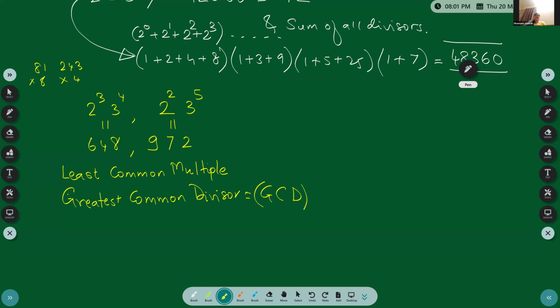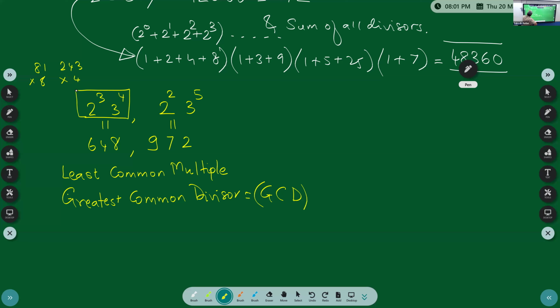In the list of divisors of 648, this is going to be the biggest number, and there will be 4 times 5, 20 divisors, and the smallest will be 2 raised to 0, 3 raised to 0.